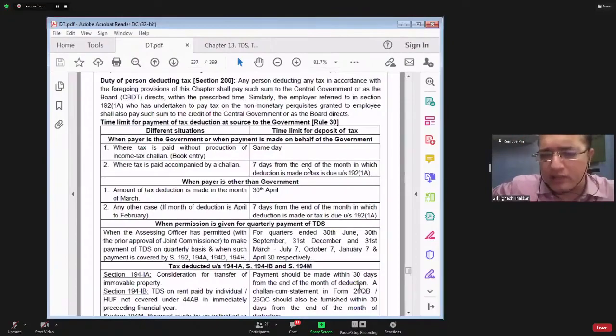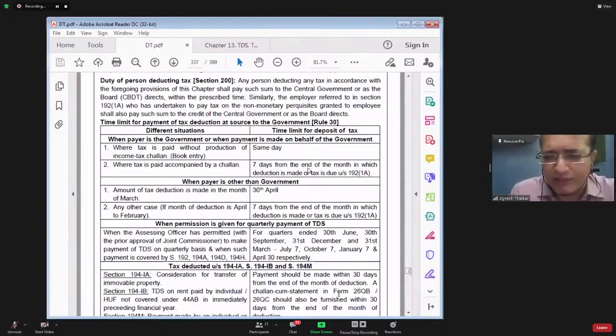Number 2, pay tax. Number 3, file the TDS return. And number 4, issue the TDS certificate. So we have completed the first duty, deduct tax. For that, we have a lot of sections, right from section 192 up to section 195. Now we are moving on to the second duty of the payer, that is, pay tax to the government.